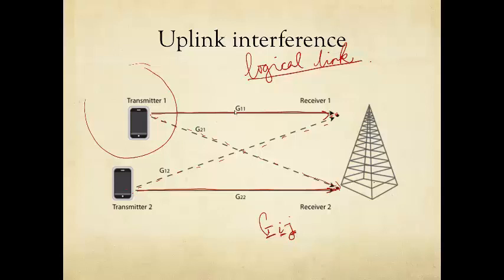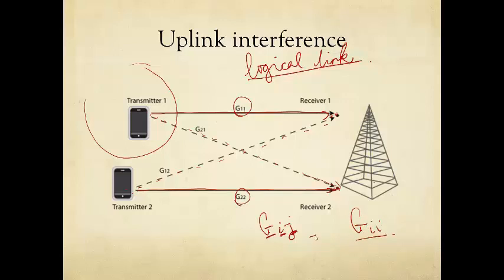For example, G11 is the channel from the transmitter of logical pair 1 to the receiver of logical pair 1. You say, well, that's a good channel. Indeed, it is the direct channel for desired communication. And so is G22. So in general, G_ii are the direct channels.